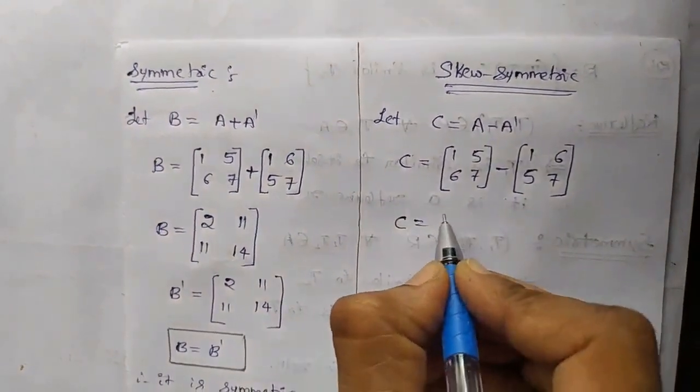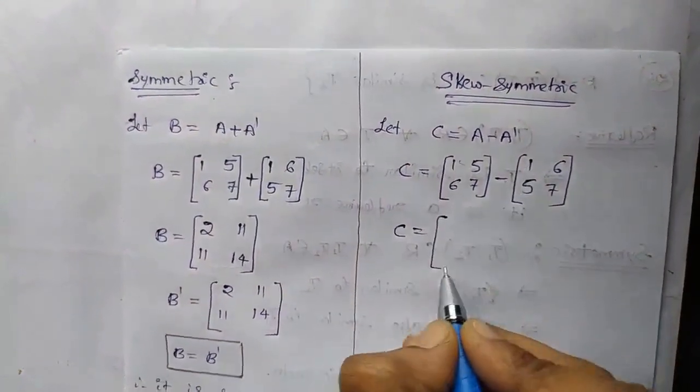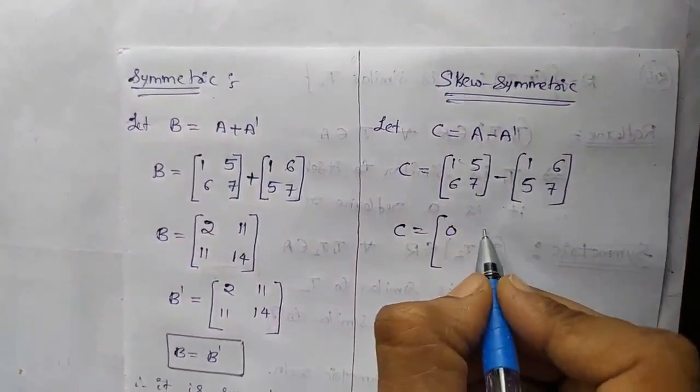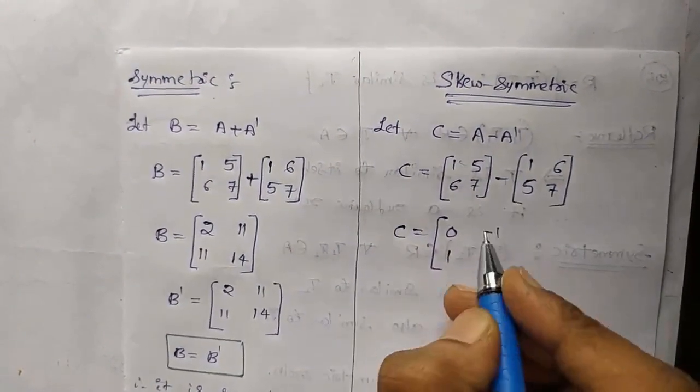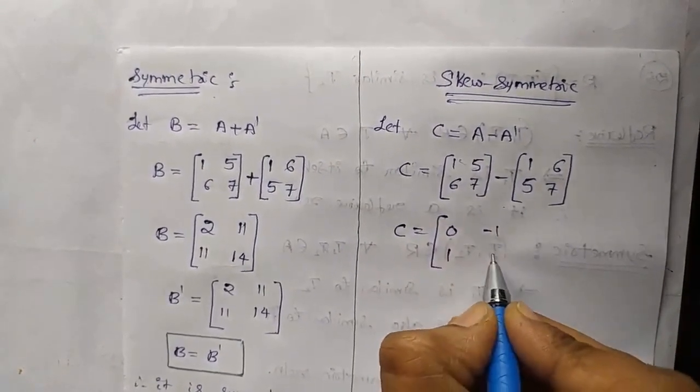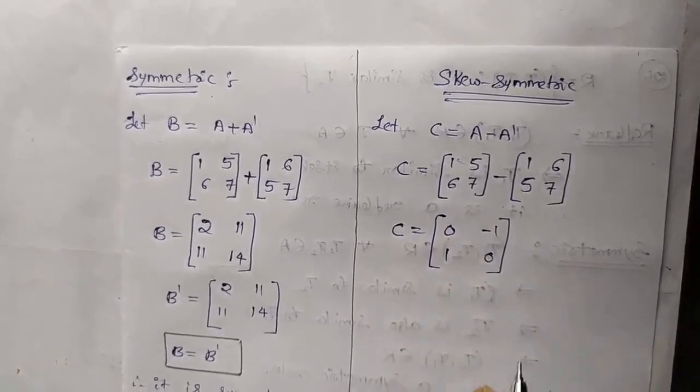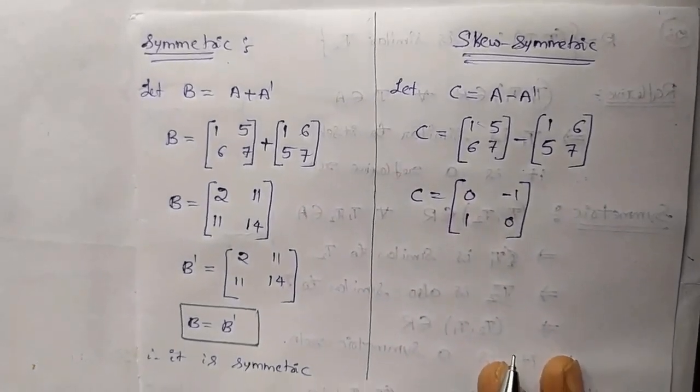The matrix C equals 1 minus 1 is 0, 5 minus 6 is minus 1, 6 minus 5 is 1, 7 minus 7 is 0. So C is [0 -1; 1 0].